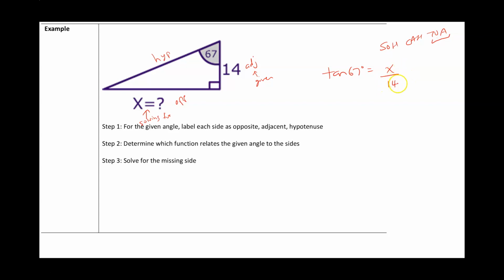Now the x is being divided by 14, so the inverse of that is to multiply by 14, and the 14s cross out. In your calculator, you're going to put 14 times tangent of 67 degrees, and the answer to that is going to be 32.982.